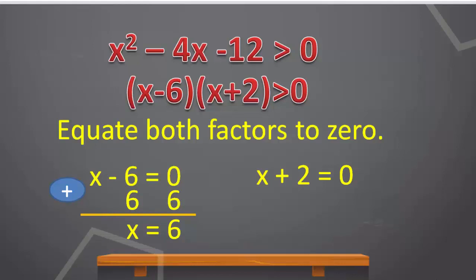In x plus 2 equals 0, if we add negative 2 on both sides of the equation, we get x equals negative 2. Negative 2 and positive 6 are called the critical values of the quadratic inequality.